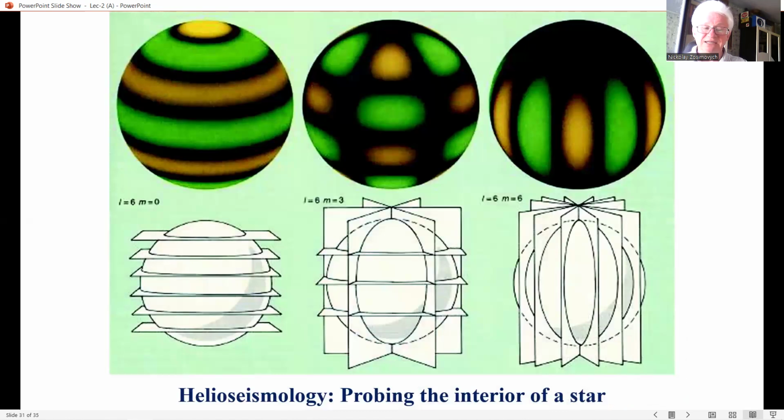You can better understand how helioseismology works if you think of a dark pond. If you stood at the shore of a dark pond and looked down at the water, you would see ripples arriving from all parts of the pond.